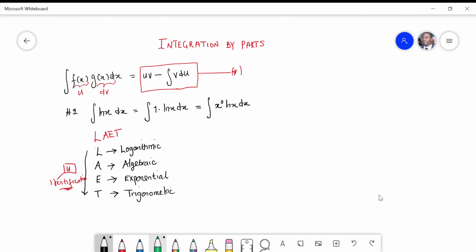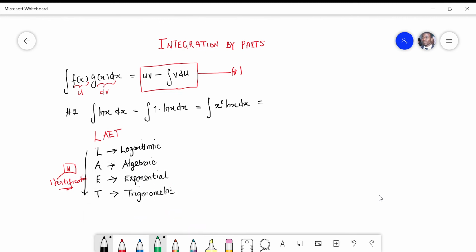So looking at this example one, we have x raised to power 0 ln x dx. So x raised to power 0 is in the form of algebraic, right? So we are going to treat that as algebraic, and then ln x is a form of logarithm, right? Because ln is a natural logarithm, not like the common one, which is log to base something. So let me just write that in the format of asterisk.